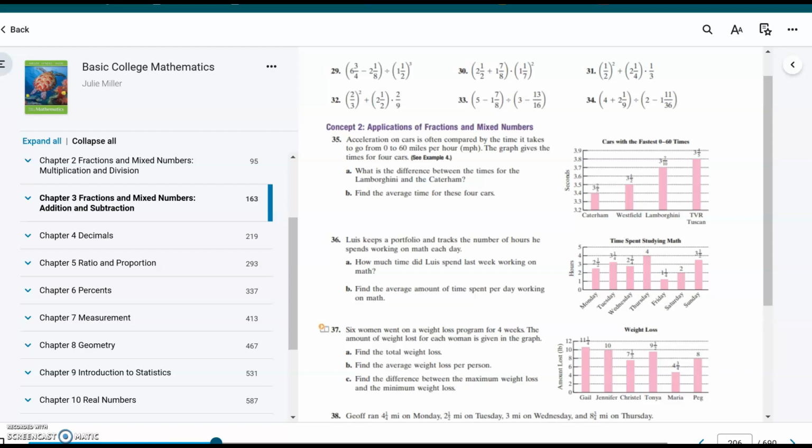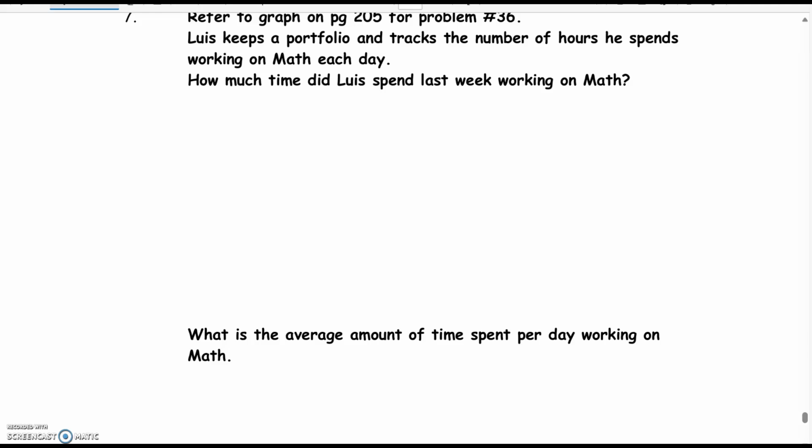And the second question is, what's the average amount of time that he spent per day? Which means we add all the numbers and divide by the total number of numbers. So let's write down all the number of hours that he spent, and we'll try to figure out the total.